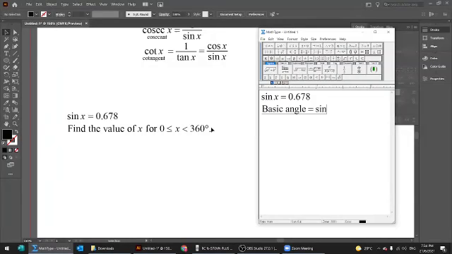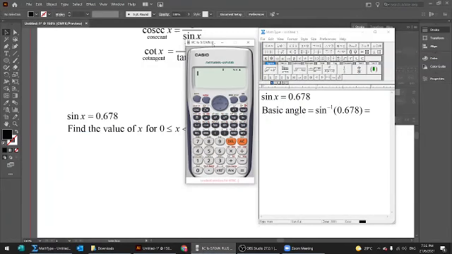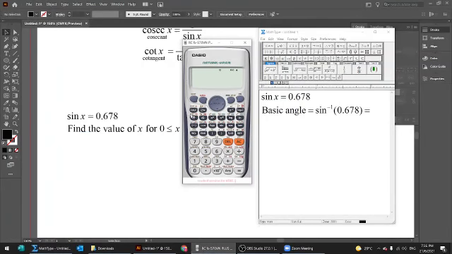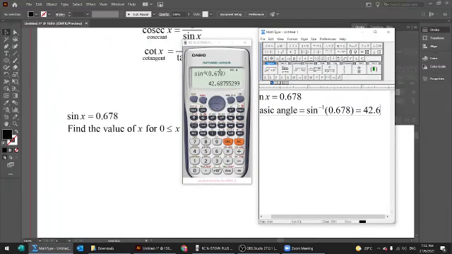So it will be anti-sine of 0.678. Press calculator: shift anti-sine 0.678 gives 42.69 degrees.